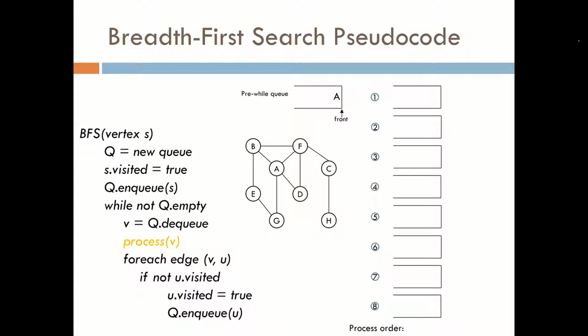Nearly always breadth first search is implemented iteratively. This is not a recursive function. It doesn't lend itself to that.